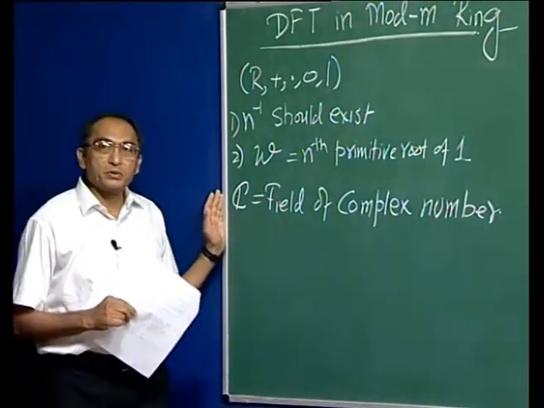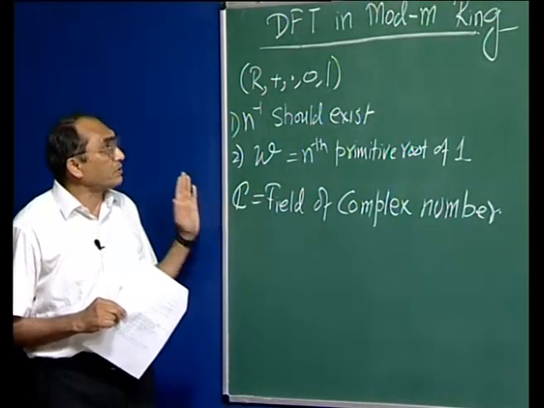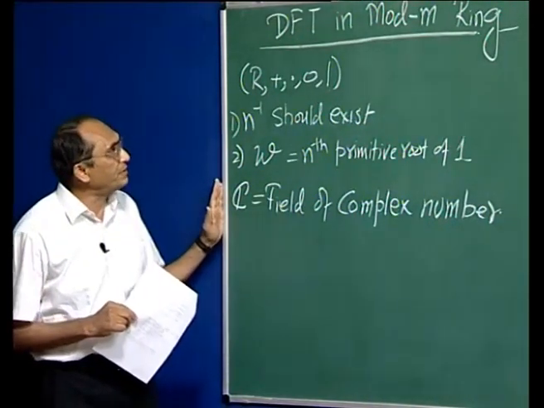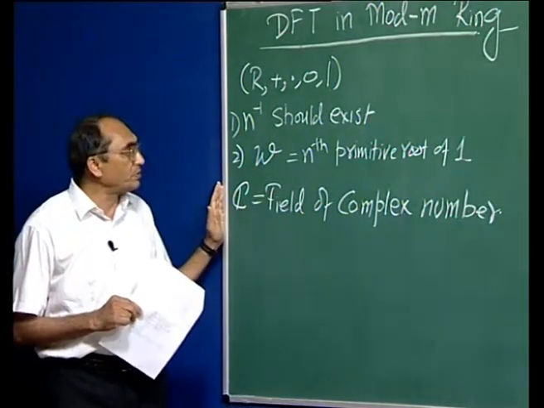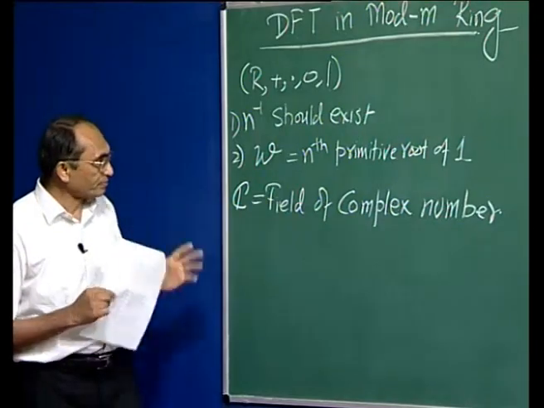Now today I am going to look at another domain in which we can perform these computations, and that is particularly of interest because there we are going to be dealing with integers only.